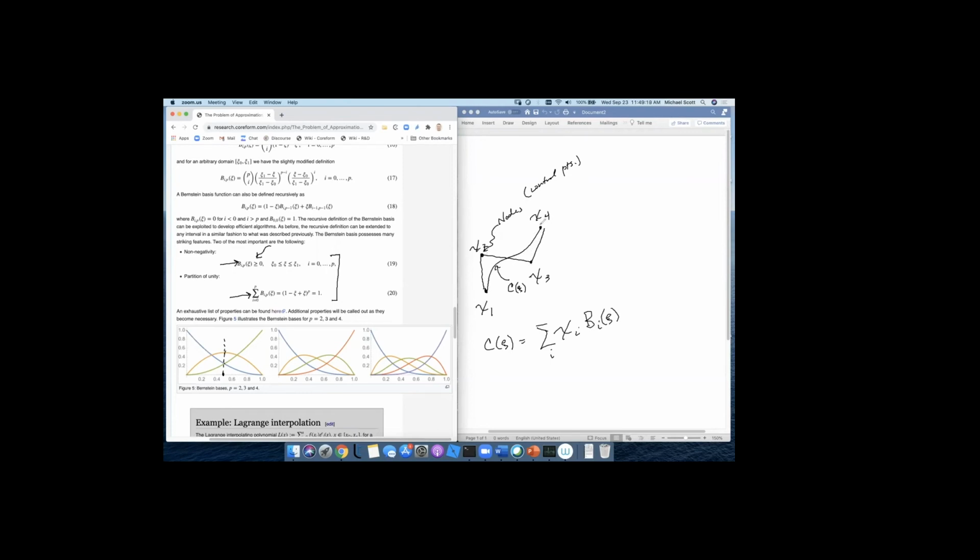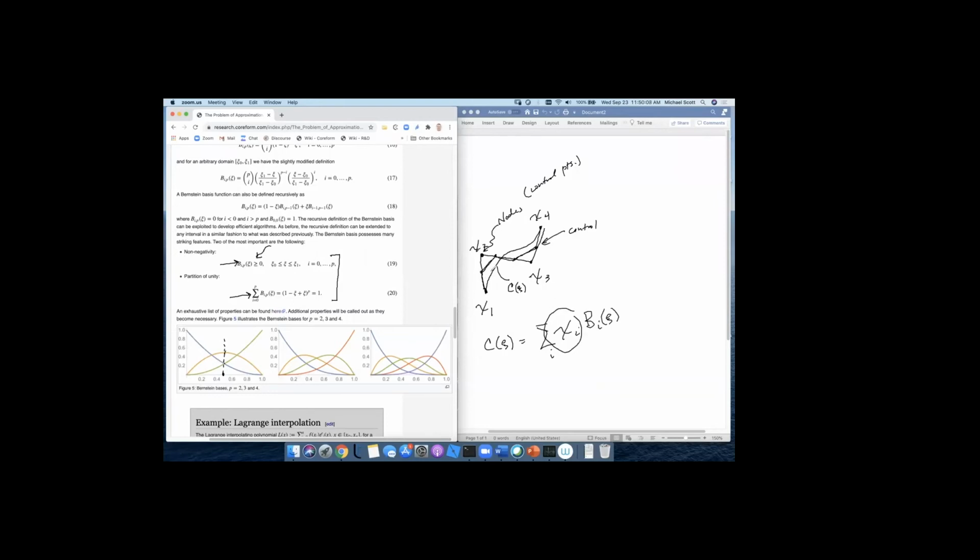What's really cool about Bezier curves is that as you add more and more Bernstein polynomials, the curve doesn't change, but the control mesh changes. We sometimes call this a control mesh, but it's nothing more than the location of the coefficients.